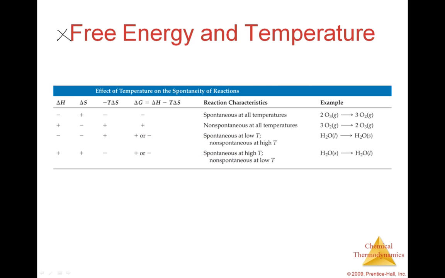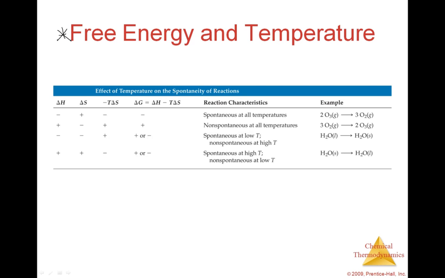So we look at this particular table, and this table is very good to just be familiar with and know, only because it allows you to answer or predict whether or not a reaction will be spontaneous at set conditions without really doing a lot of work.